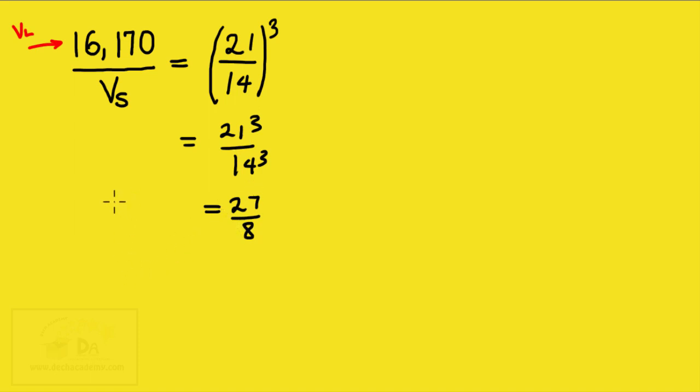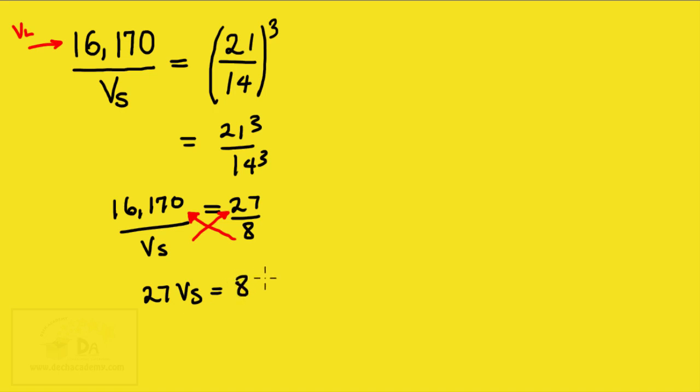So we know that 16,170 divided by the volume of the small cone is 27 over 8. So cross multiplying will give that 27 times the volume of the small cone is equal to 8 times 16,170.